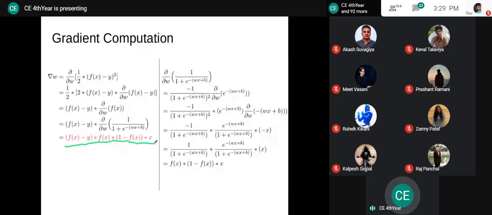Similarly, for the log based loss function, try to find the result of this gradient. With this, we are concluding logistic regression, and in the next lecture, we'll start the next algorithm.